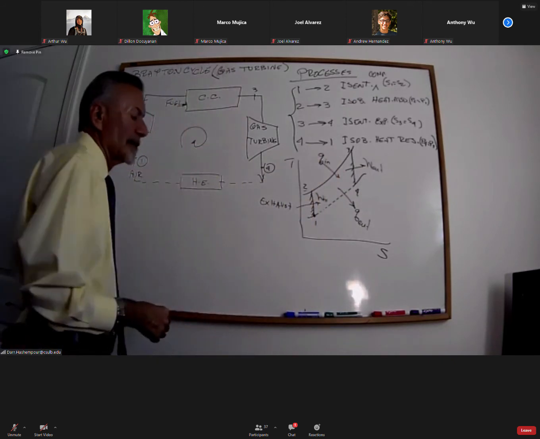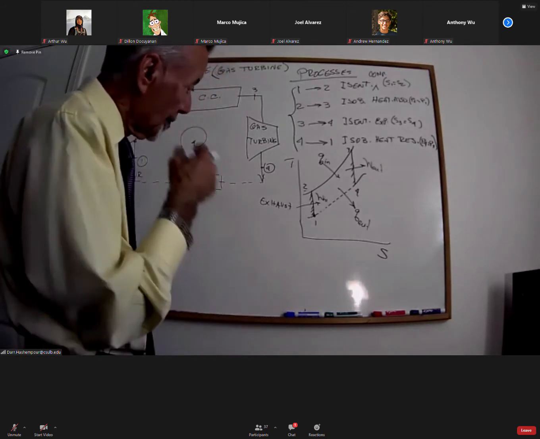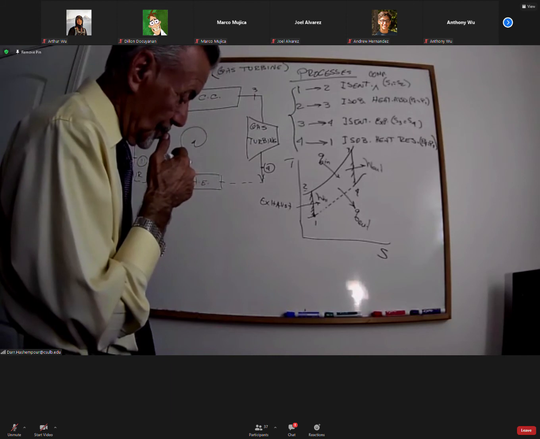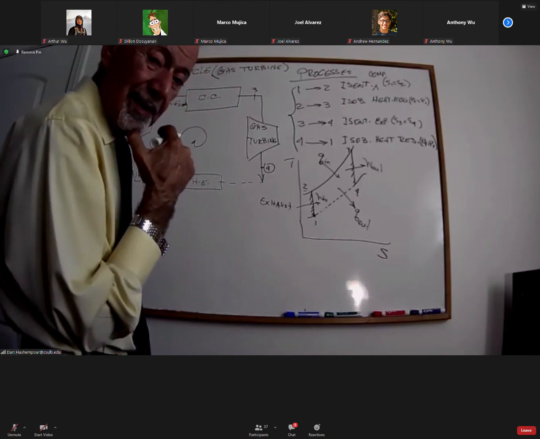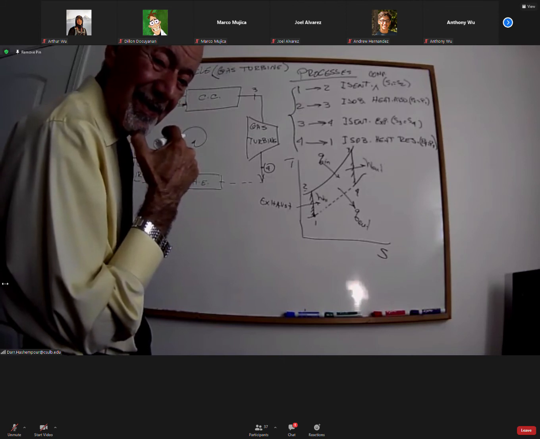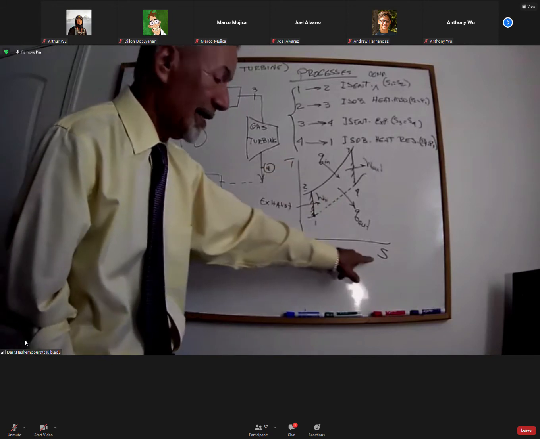Professor, quick question. Yes. On process 2 to 3, for the heat addition, should that be P2 is equal to P3? Yes, it is. Oh, sorry. See, this is not a PV diagram. This is a TS diagram.